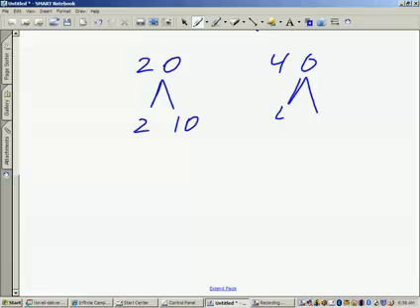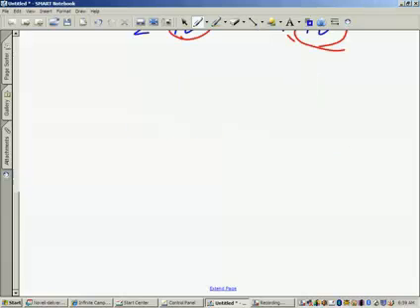Well, 2 and 10, 4 and 10. So a common factor in this case would be 10. So that's what factoring is, and that's what a common factor is. If you know this, then we can build on it. You have to know and understand what factors are before I can talk about anything else, really.